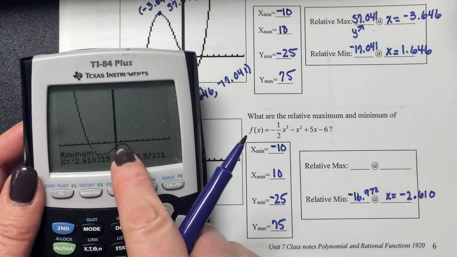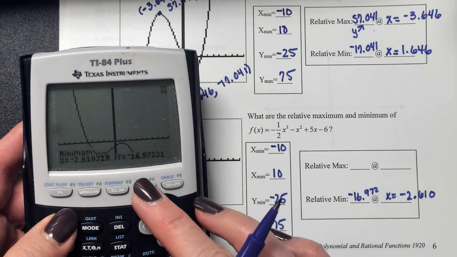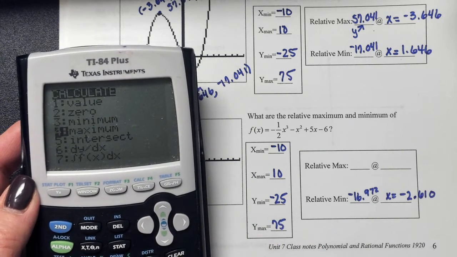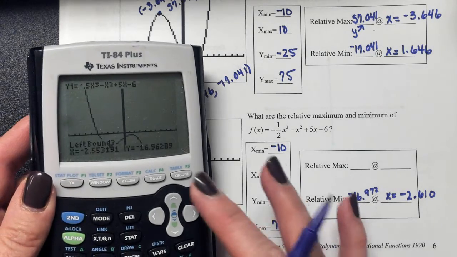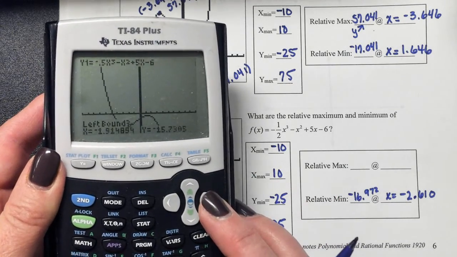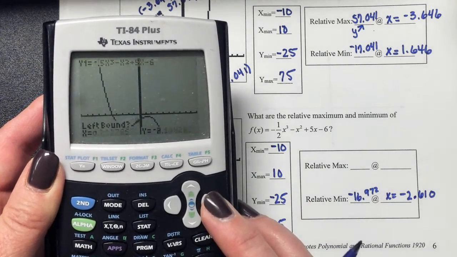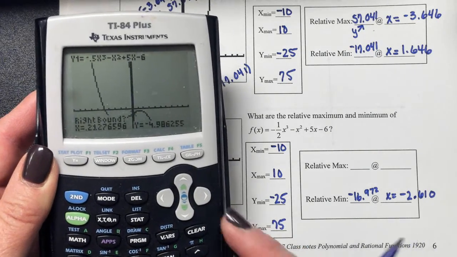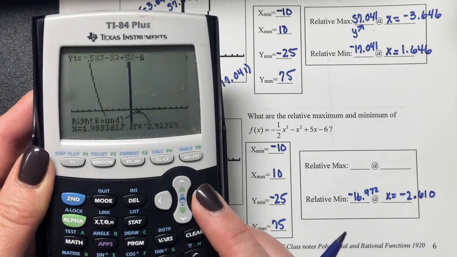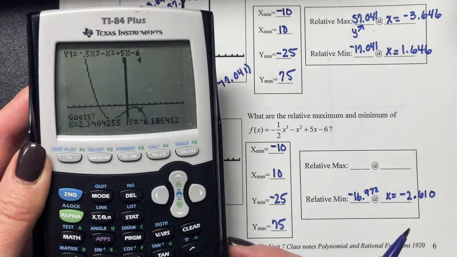Now to find the relative maximum, I need to go back under second trace, maximum. Again, I need to move that cursor slightly to the left of that turning point, hit enter, move it slightly to the right, hit enter, and then enter again.